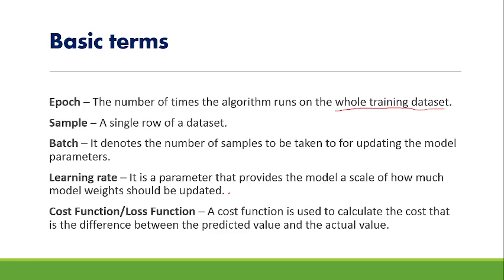We are updating the weights, so how much they should be updated, that rate is the learning rate. Generally we denote it by alpha, and it has a range from 0 to 1. Cost function, loss function, error: this is a known concept for us, whatever we calculate between the calculated output and the targeted output.